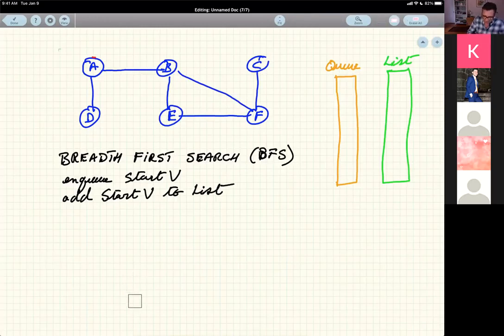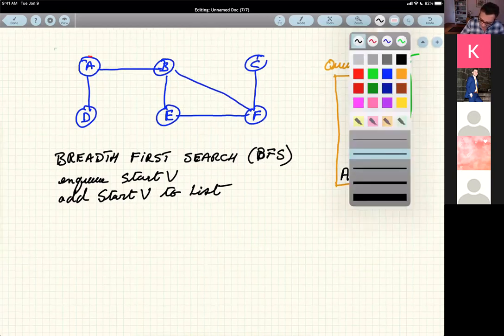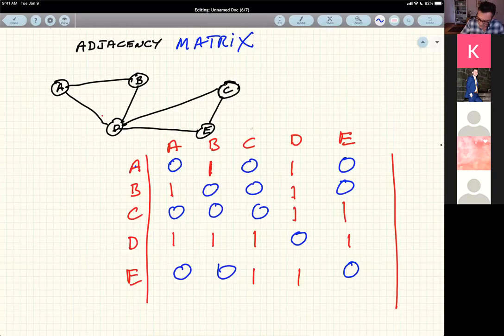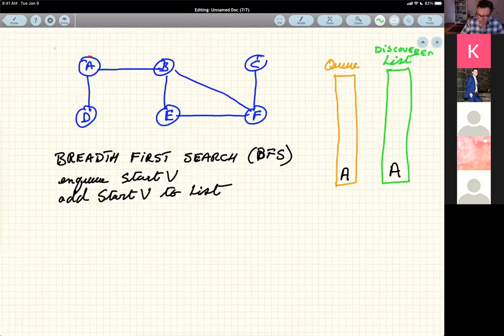So if I'm starting with A, then I'm going to put A in the queue, and I'm going to add A to the list also. Add it to the discovered list. We're going to call this the discovered list.